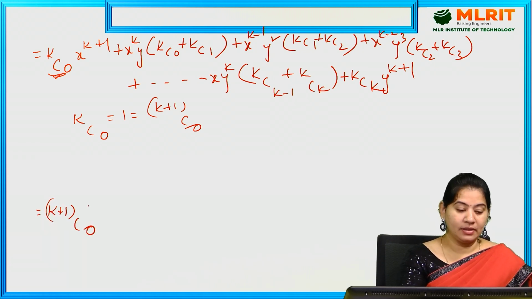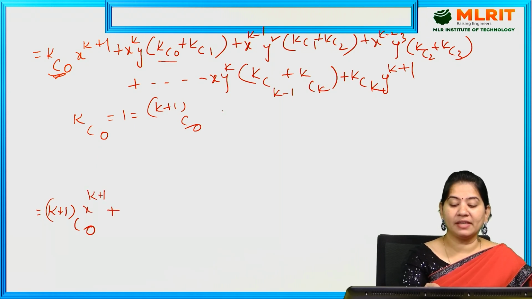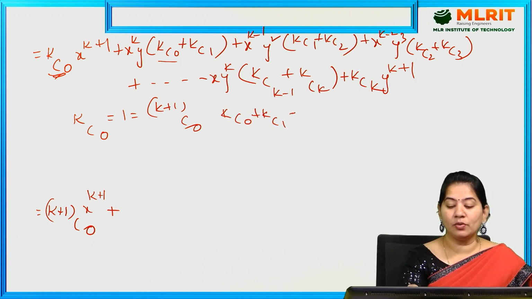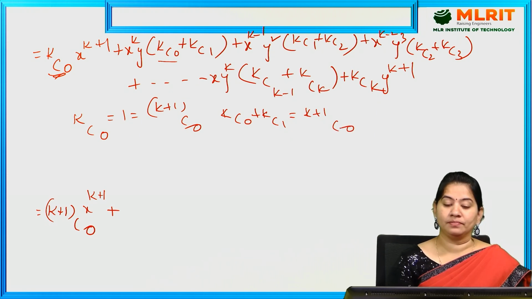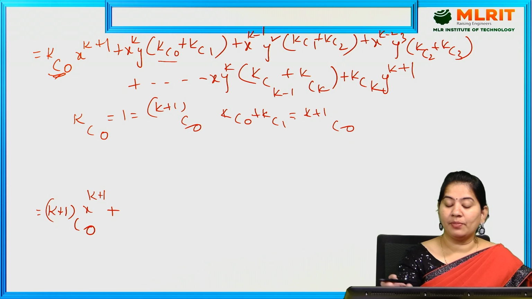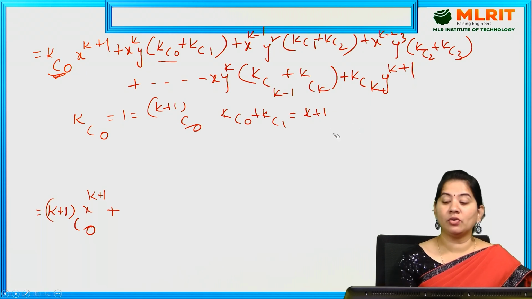Then k plus 1 c naught into x power k plus 1 plus kc naught plus kc1. So kc naught plus kc1 is equal to always k plus 1 c1 you have to write.